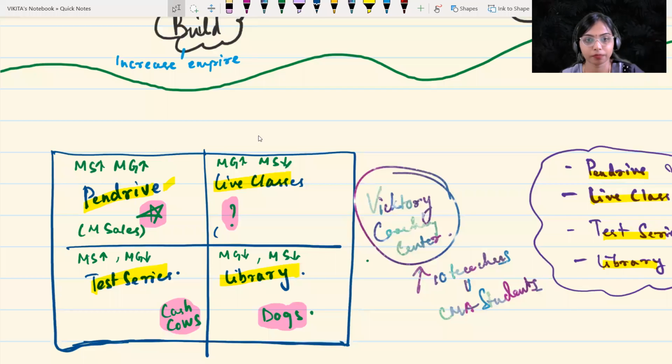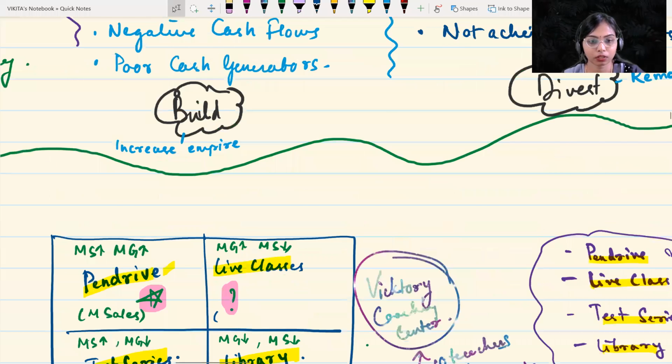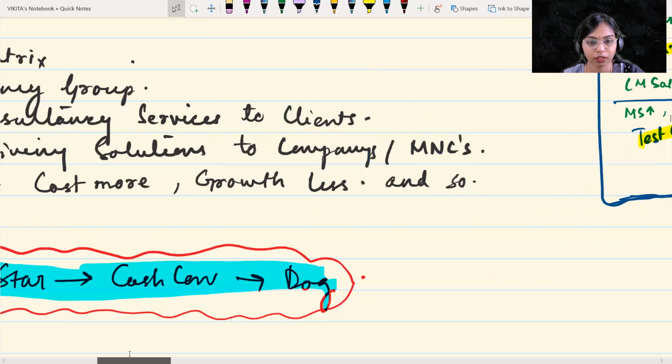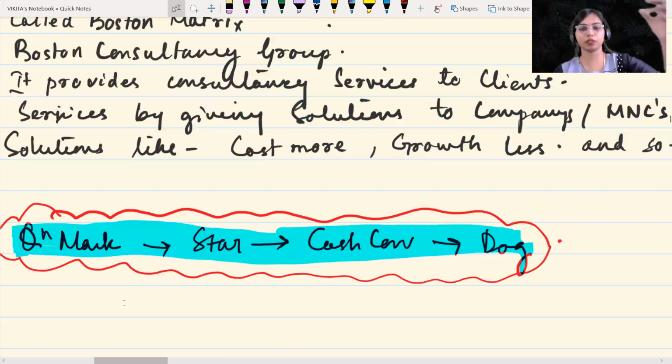First a product comes, it becomes a question mark, then it becomes a star, then it goes to a cash cow, then it goes to a dog. This is the way of interpretation.